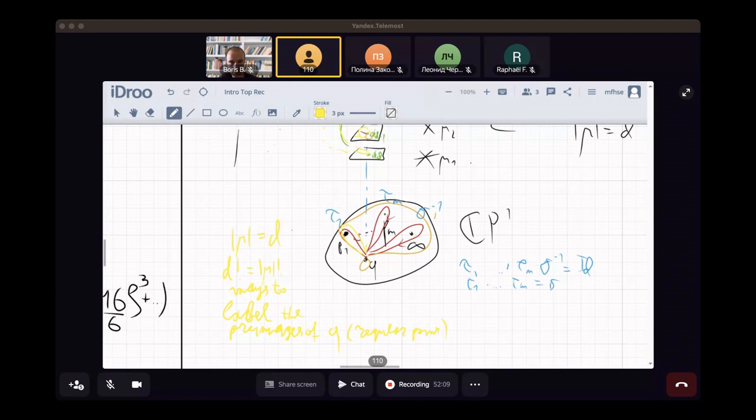How do those two numbers compare? If we start with a covering, we get our tuple of transpositions once we choose the labeling of the sheets over the regular point.